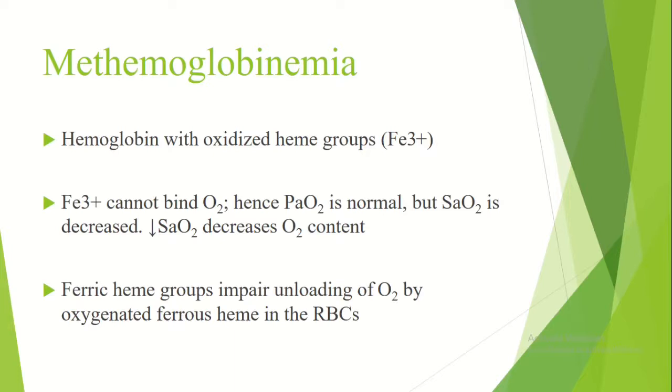In addition to that, the ferric heme groups impair unloading of oxygen by the oxygenated ferrous heme in the RBCs. So if we assume that 50% of the iron inside an RBC is in the ferric state and 50% is in the ferrous state, the 50% of the ferric iron is going to impair the ability of the ferrous iron inside this RBC to release oxygen into the tissue, and this is going to result in hypoxia.